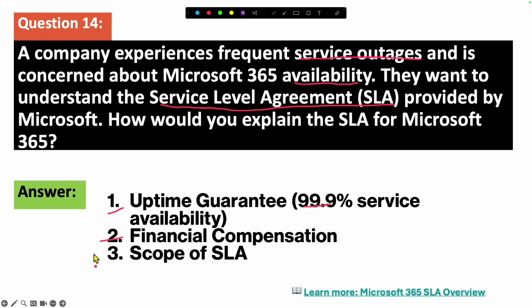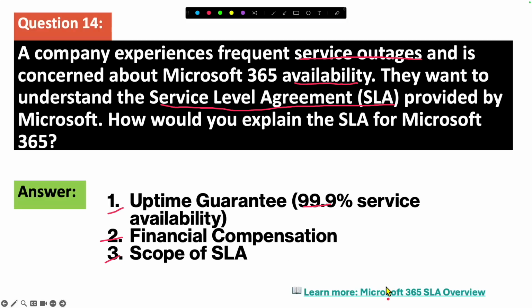The third point you need to land is the scope of the SLA, because it covers the core Microsoft 365 services, which include Exchange Online, SharePoint Online, OneDrive for Business, Microsoft Teams, etc. So the scope of the SLA covers all of these core products as well.